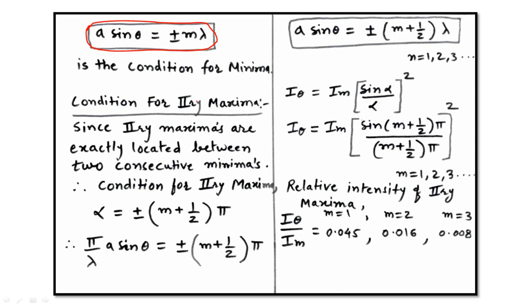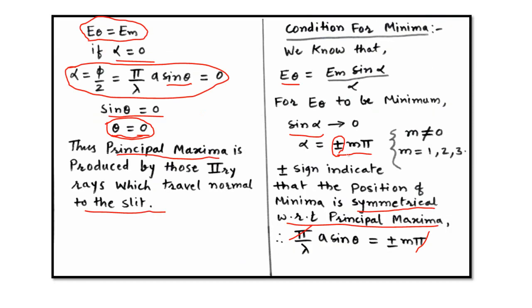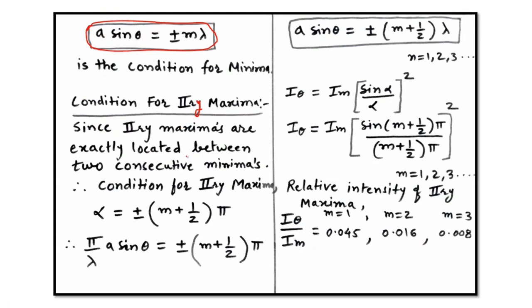Then let us derive the condition for secondary maxima. Since the secondary maxima are located exactly between the two consecutive minima, we can write the condition for secondary maxima as follows: since alpha equal to plus or minus m pi is the condition for minima, and the position of secondary maxima lies exactly between the two consecutive minima, the condition for secondary maxima becomes alpha equal to plus minus of m plus half pi.